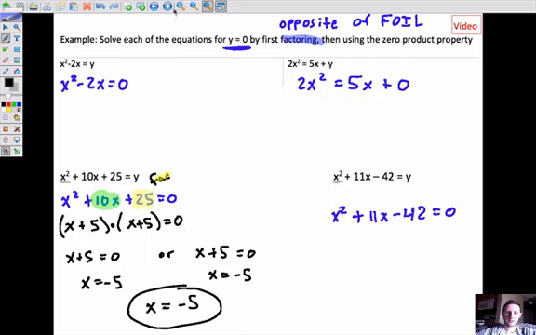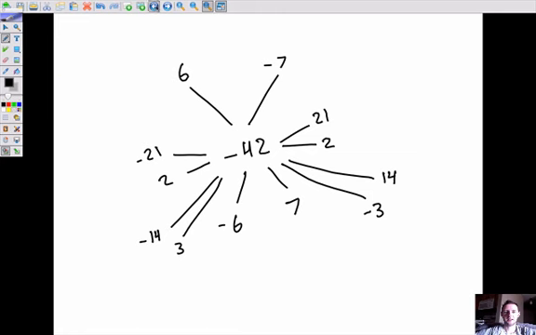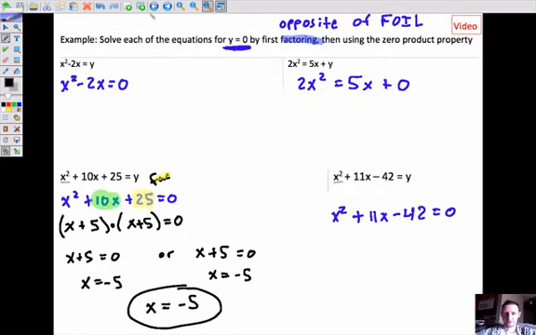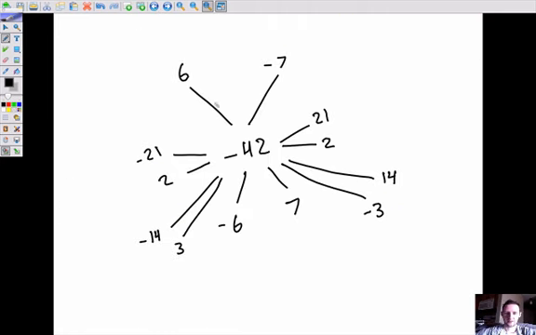The number that I need to pay attention to in order to figure out which one of these it is, I need to look at this positive 11. So which of these pairs of factors adds to positive 11? The 6s and the 7s won't. The 21 and the, that should have been a negative 21, but regardless it won't.